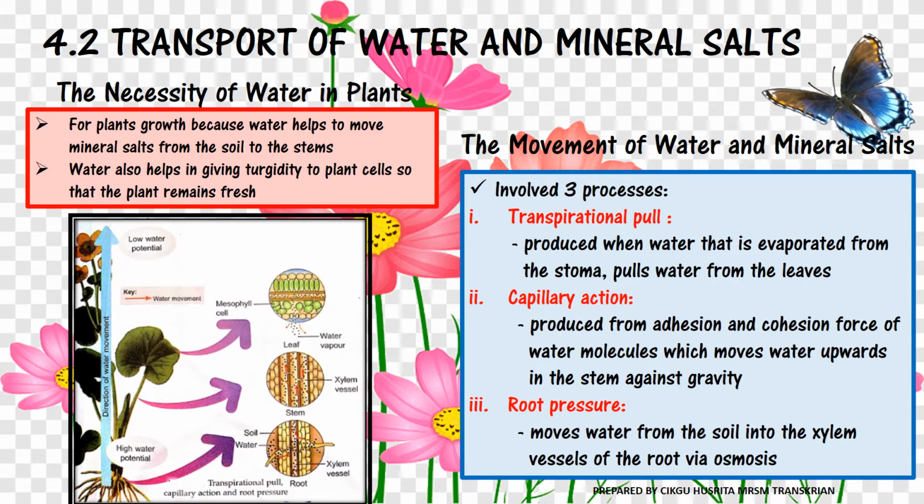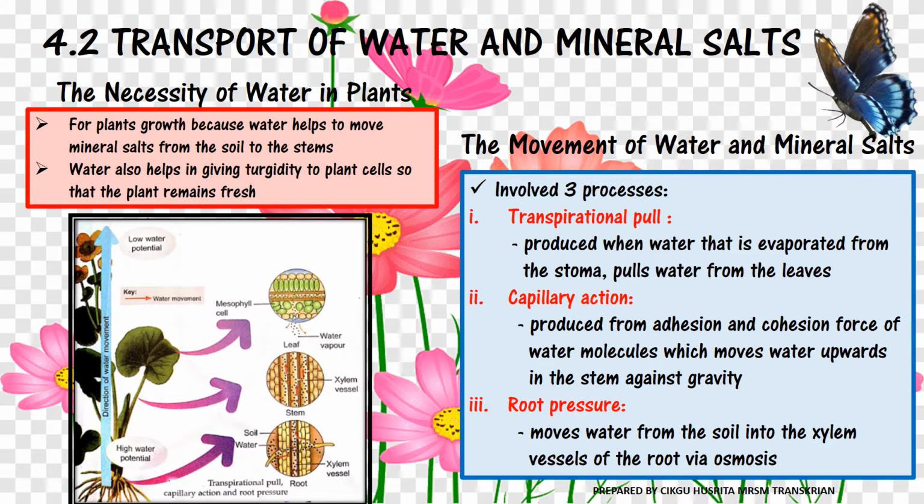Okay, so the water molecules adhere to one another by cohesive force, or we call it cohesion force. While the water molecules adhere to the wall of the xylem vessel, we call it adhesive force or adhesion force.